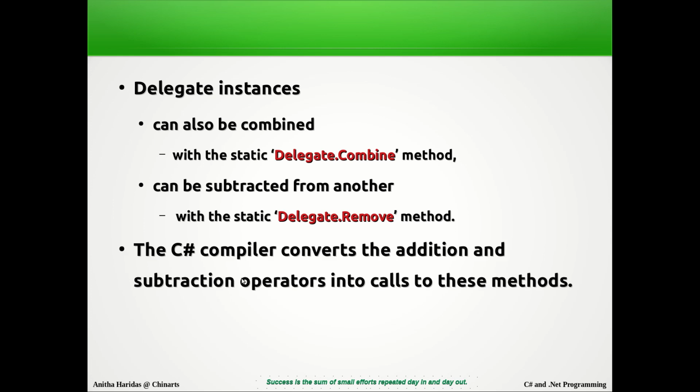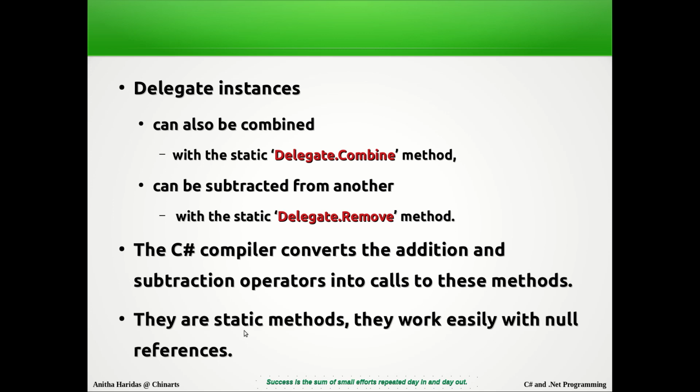So whenever you use your addition and subtraction operators, which are already overloaded, these methods will be invoked indirectly. These Combine and Remove methods are static methods and they work easily with null references also. That is why in our example we have created a null reference first, then used plus equal to for combining them.